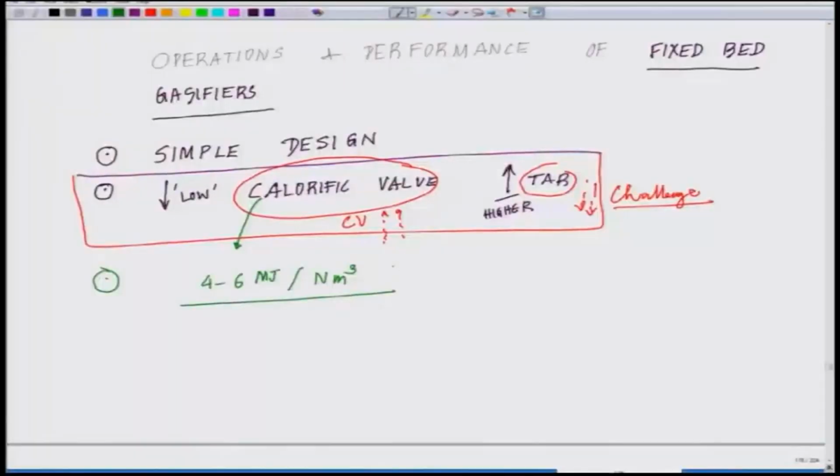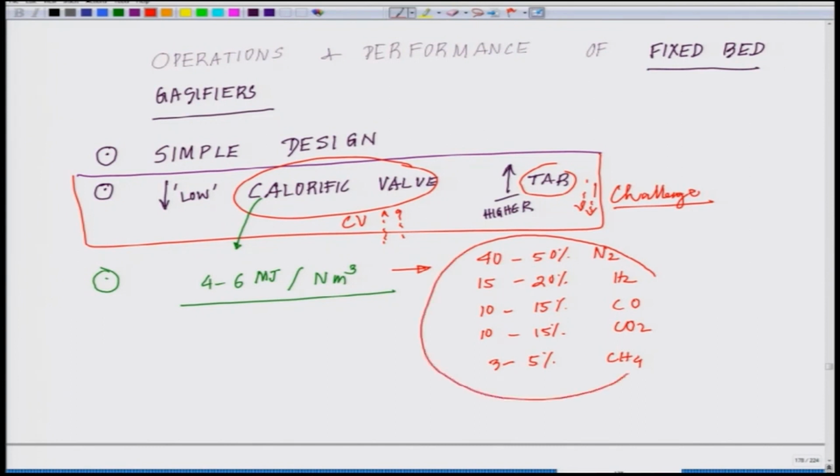So, now let us appreciate what are the concentration of the product gas what you are getting. Generally it is 40 to 50% of nitrogen, 15 to 20% of hydrogen, 10 to 15% of carbon monoxide, again 10 to 15% of carbon dioxide, CO2, you have 3 to 5% of methane, CH4.